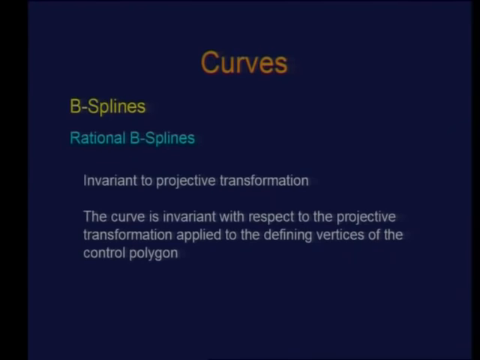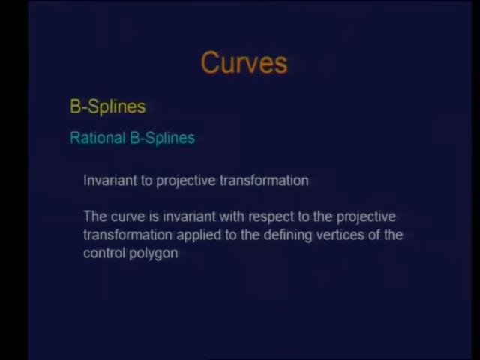So, if you remember, we have looked at the affine invariance property of the B splines, right, and we posed this question when we were talking about Bezier curves: does this have the projective invariance property or not, right? And we said no, it does not have.